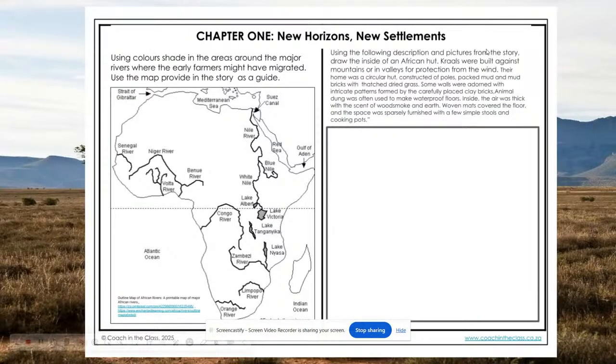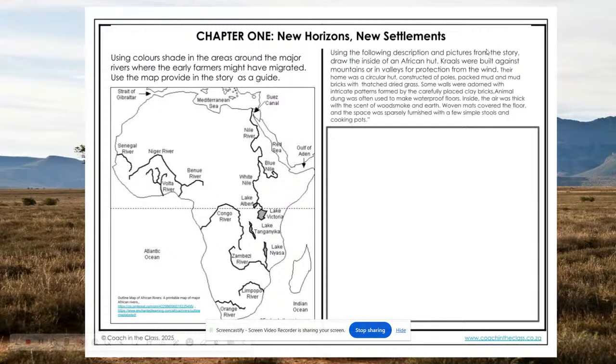Of course, we need to know that the migration came from sort of northeastish Africa and then moved east and came down the east coast, down the Indian Ocean towards the Limpopo River. And then using the text from the story, it asks you to draw the village, and then it gives you the section which describes it in the story.